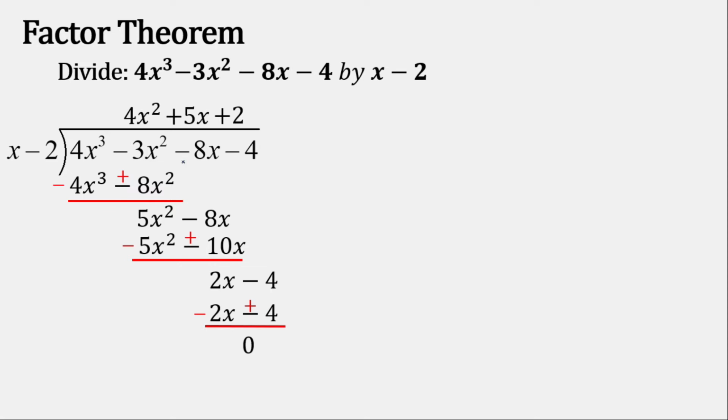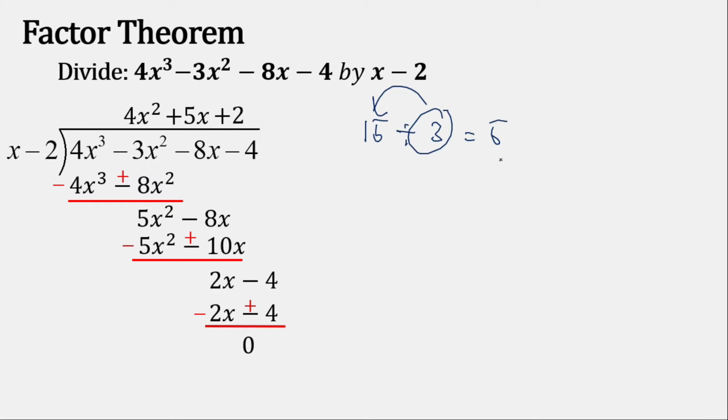Now, if we divide a certain polynomial by another polynomial, and the remainder becomes 0, therefore this polynomial is a factor of this polynomial. For example, if you divide 15 by 3, the answer is 5. Therefore, 3 is a factor of 15 because there's no remainder.